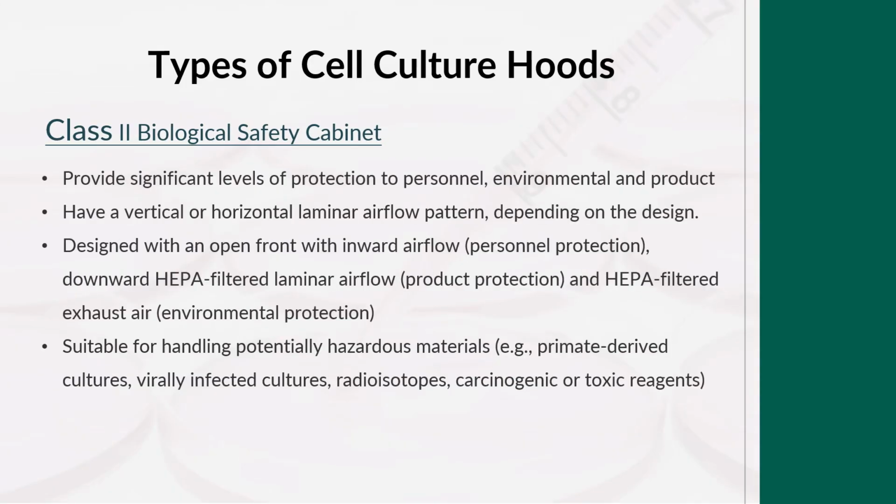Class 2 biological safety cabinet provides significant levels of protection to personnel, environment, and also the product. It usually has a vertical or horizontal laminar airflow pattern depending on the design of the safety cabinet, and it is designed with an open front with an inward airflow which provides personnel protection, a downward HEPA filtered laminar airflow which is for product protection, and also a HEPA filtered exhaust air which is for the environmental protection.